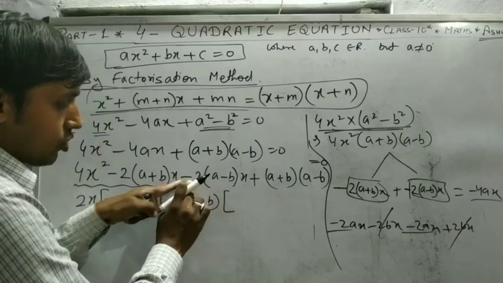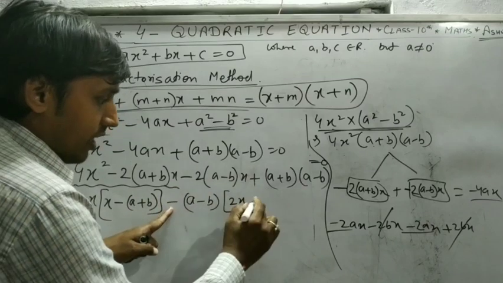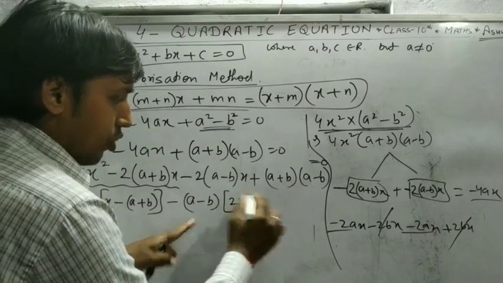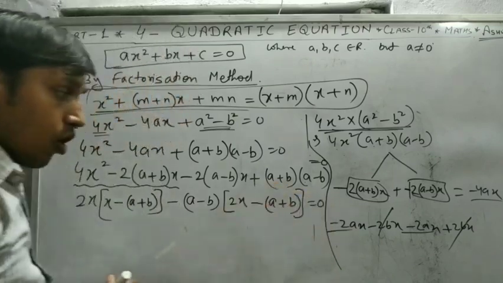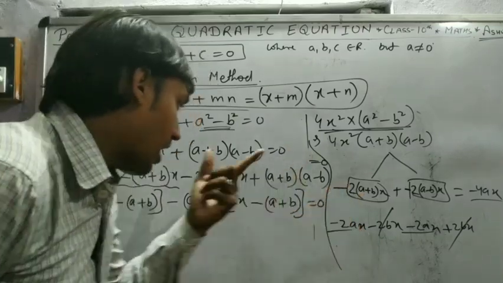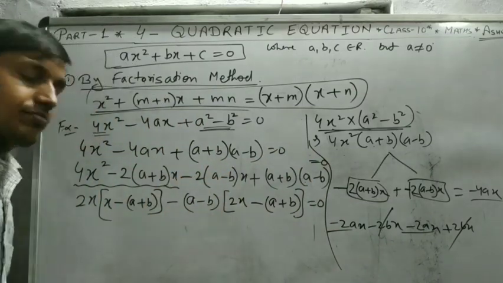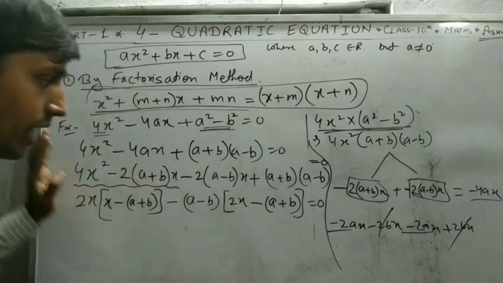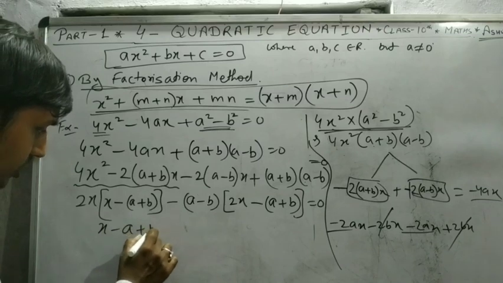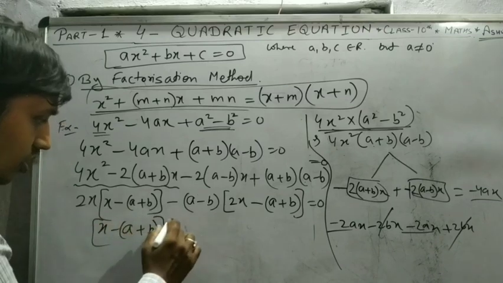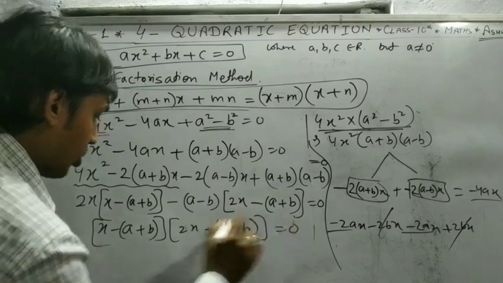Here minus common, so it converts into plus 2x, plus minus minus, a minus b common, only a plus b remains. Always if you write here and here taking common, both your brackets are always the same. If this is not the same, that means there is a problem. x minus a plus b is common in both, then 2x minus a minus b is equal to 0.